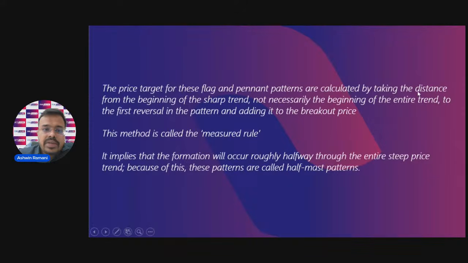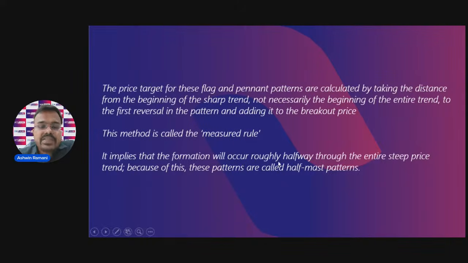So the price target is calculated by taking the distance from the beginning of a sharp trend, that is the low of the pole, and not necessarily the beginning of an entire trend, to the first reversal in the pattern, that is, from the high of the pole to where the channel starts forming. We measure that distance and add it to the breakout price. This method is called the measured rule.